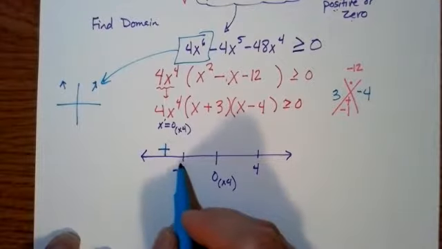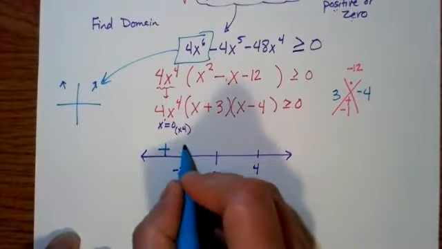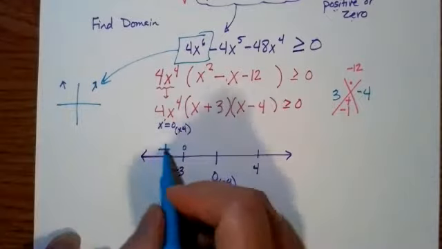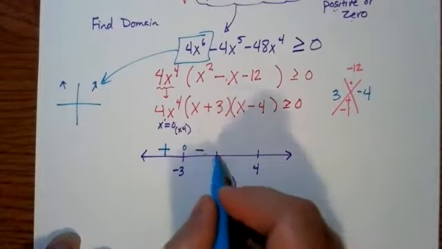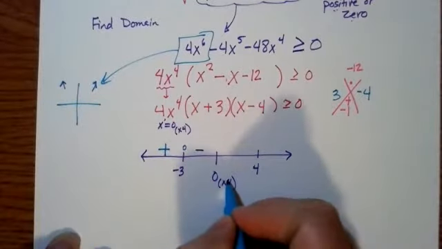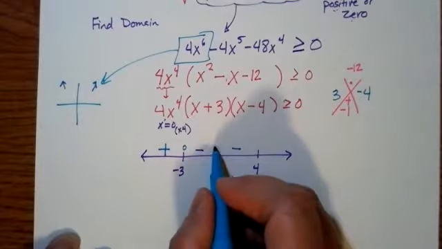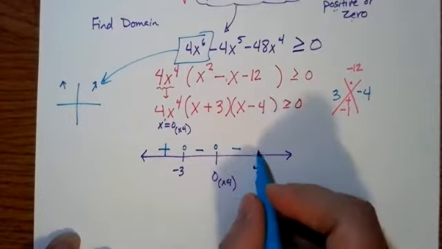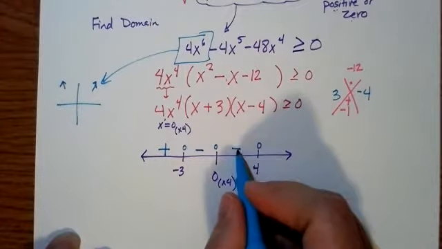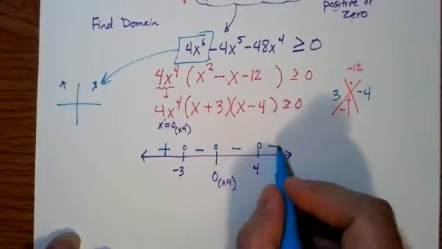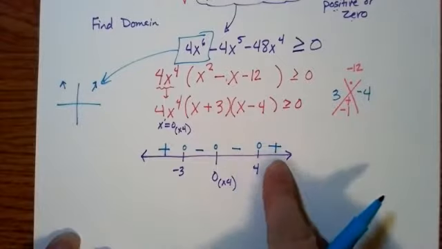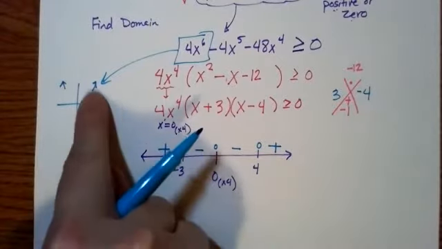We switch at this 0. Let me make a note that this is 0. We make a switch from positive and go into negative. We make a fourfold switch, which is even, so that means there's actually no switch that happens. This is still negative. And at this 0, we transition from the negatives into the positives. And check your end behavior, it's positive on the right, just as we predicted.